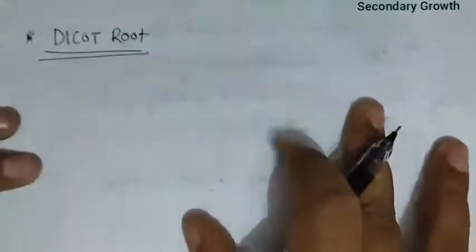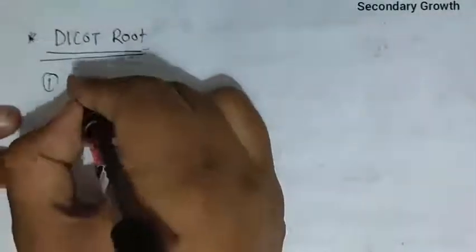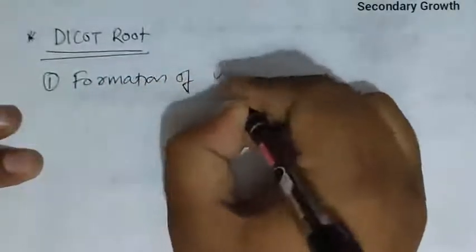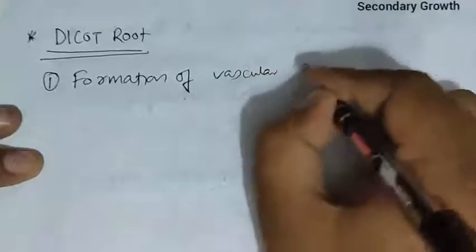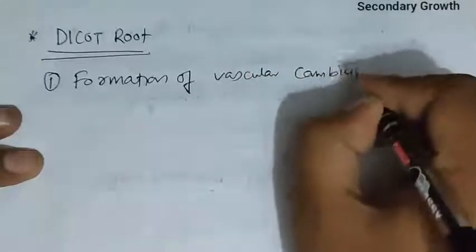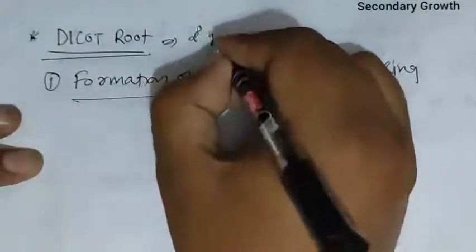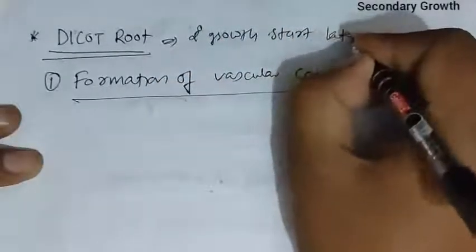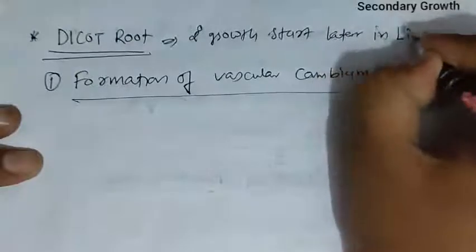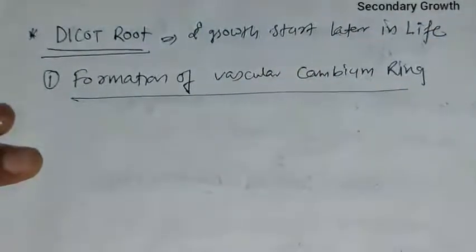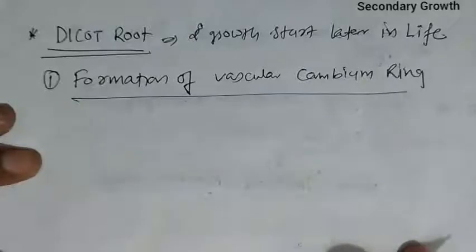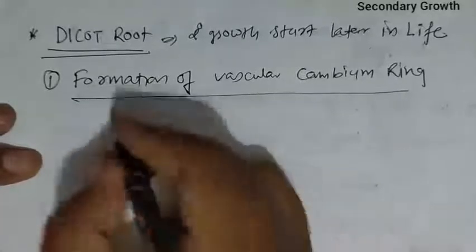So in dicot root also we talk about first part, that is the formation of vascular cambium ring. Now we remember in dicot root secondary growth starts later in life. Okay, and here we talk about the formation of vascular cambium ring.